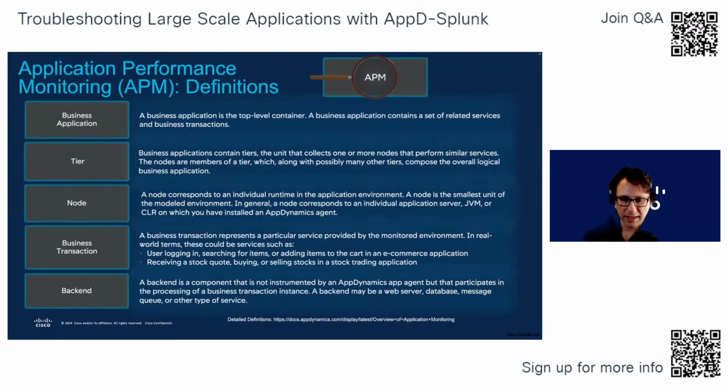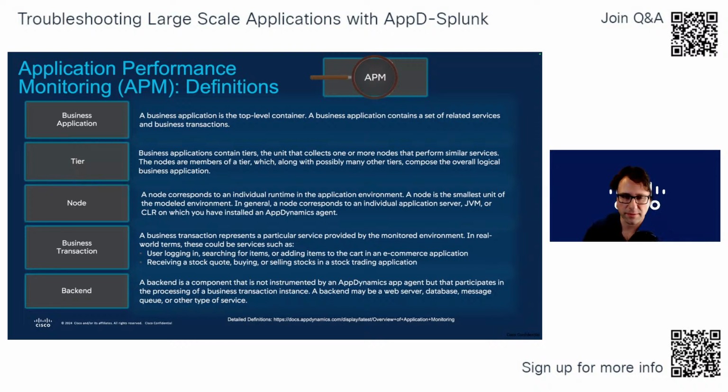Just in case you're not as familiar with AppDynamics, we are focusing on application performance monitoring, APM, so some quick definitions will help solidify that understanding. When I say traditional applications, this is what makes it traditional. You have a business application, and then multiple tiers, which are usually logical groupings of nodes that are usually the same instance of code handling the same kind of handoff, whether it's an inventory service or something verifying the login.